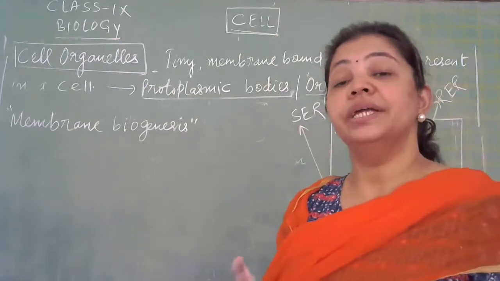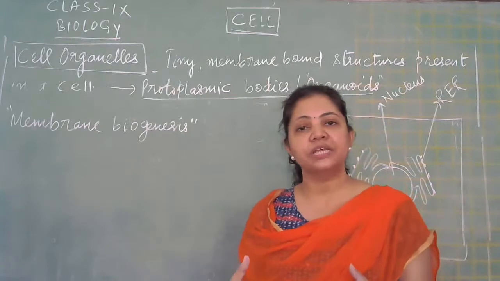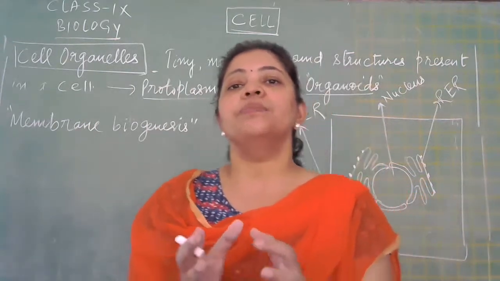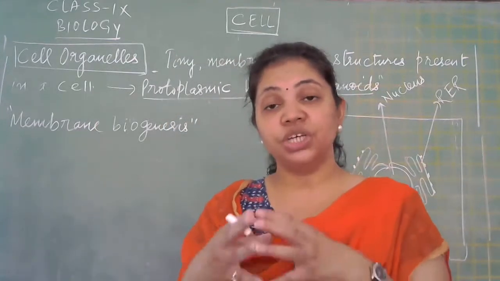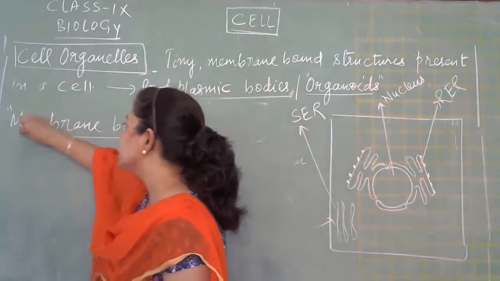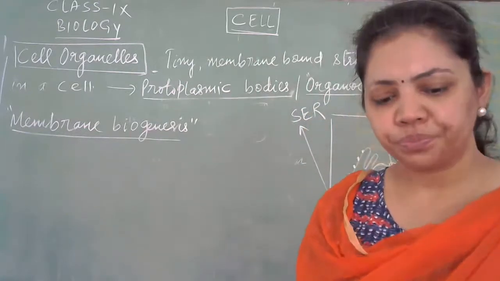And yes, it is an important term for examination. So what is membrane biogenesis? That when lipids and proteins synthesized by endoplasmic reticulum are used for the generation of plasma membrane, the process is known as membrane biogenesis, right?